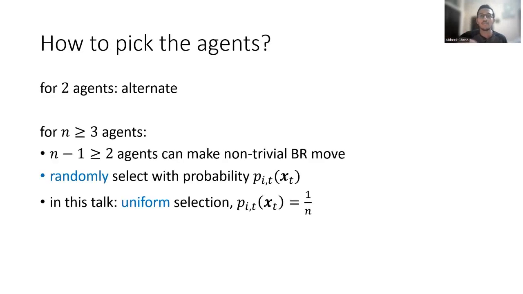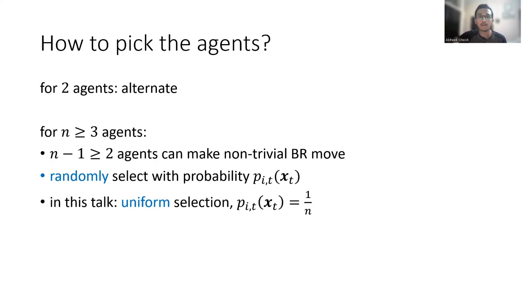Now, how does the agent i who is playing the action at time t get selected? For two agents, we assume that the agents alternate. It does not make too much sense to study any other scenario because an agent making two consecutive best response moves is redundant. For three or more agents, there are at least two agents who can make a non-trivial best response move at each time step.